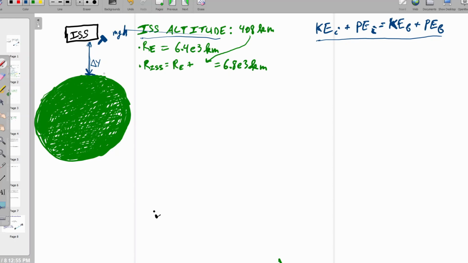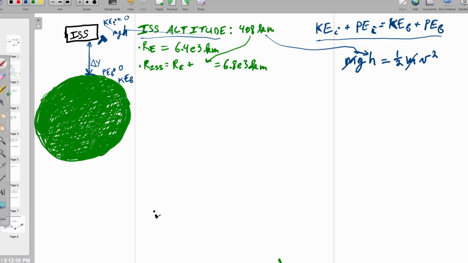So we can say that the final potential energy would be 0, just like how the kinetic energy was 0 up here. So everything would be converted to final kinetic energy. So let's apply conservation of energy. We would have m times g times h, this 408 kilometers, equal to 1/2 times m times velocity squared for the final.